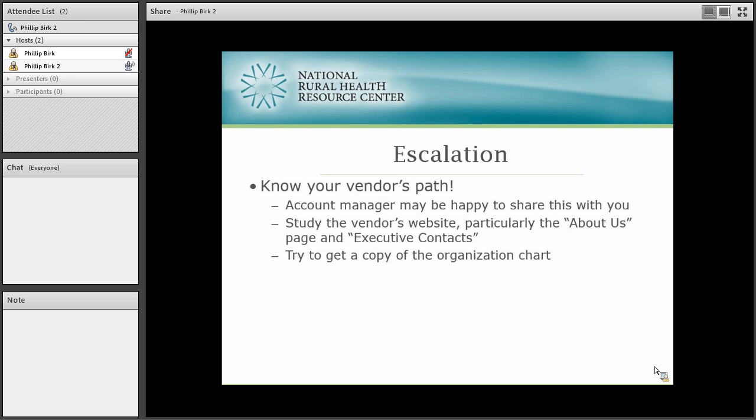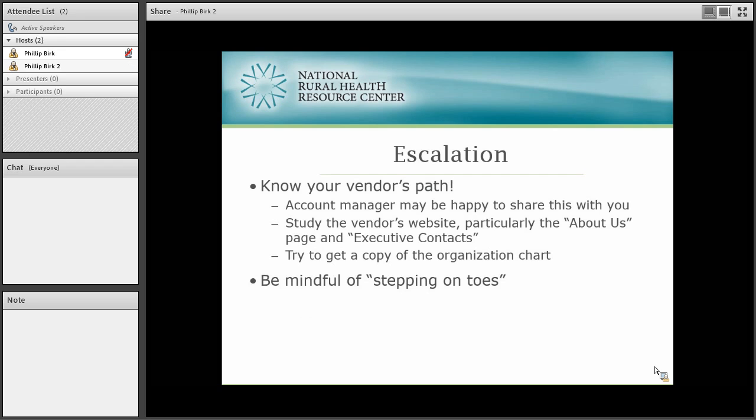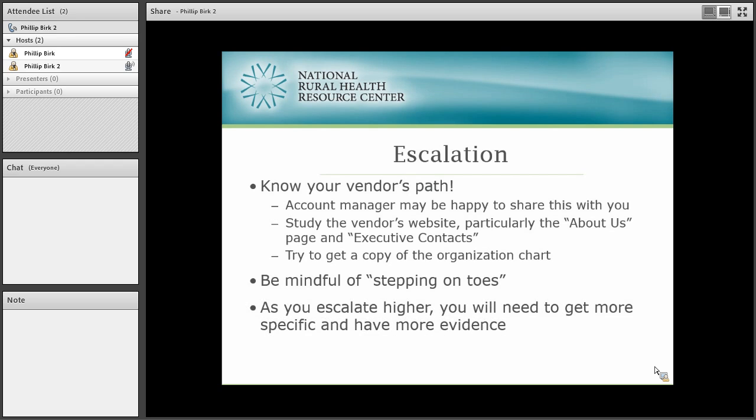Because if you're that frustrated and you haven't gotten resolution from the executives, that should be an eye-opener that it might be time to separate from your vendor and kind of be prepared to put your money where your mouth is. If you contact the board members, it's a time when you want to make sure that they are clear that you're not happy, and you have to be prepared to separate.